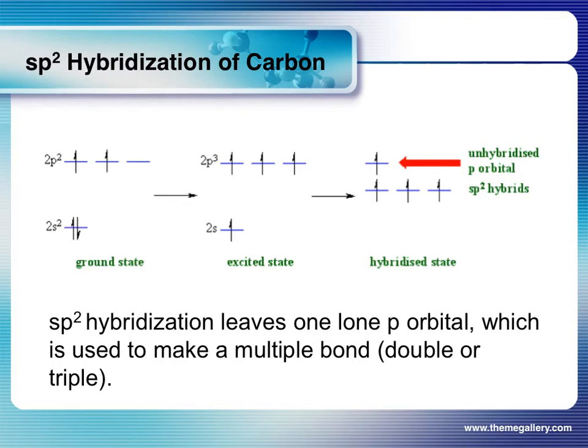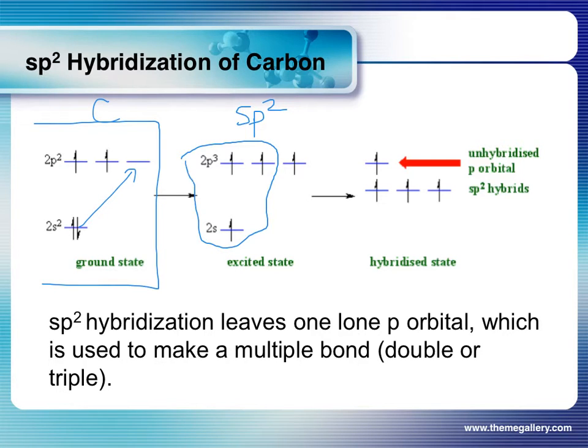If we look again at the orbital configuration for carbon, we're going to do the same thing. We're going to promote one of the s electrons to the p orbitals. But in this case, if we're going to make sp2 hybrid orbitals, we're only going to use 2 of the p orbitals, and that third p orbital is going to be used to make a pi bond.